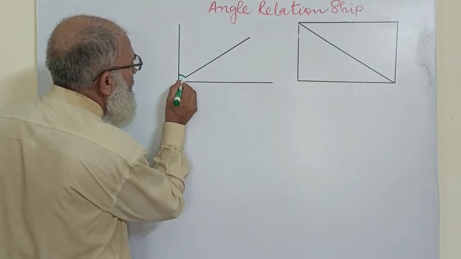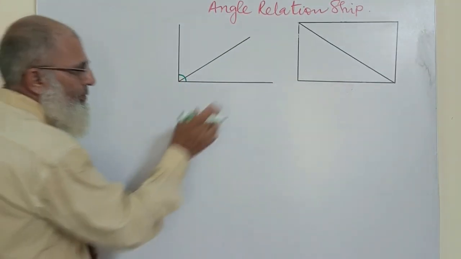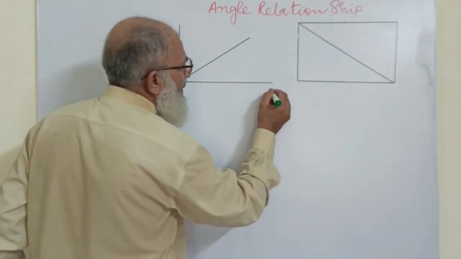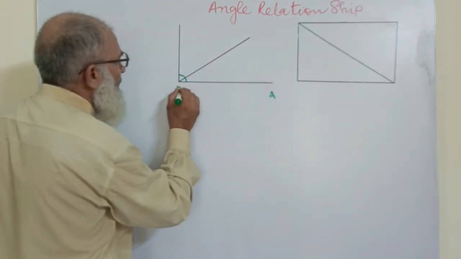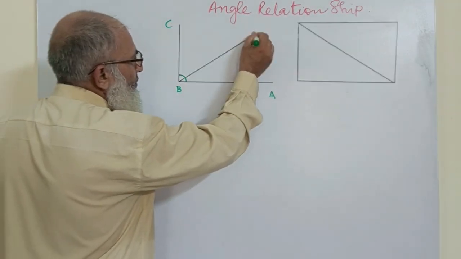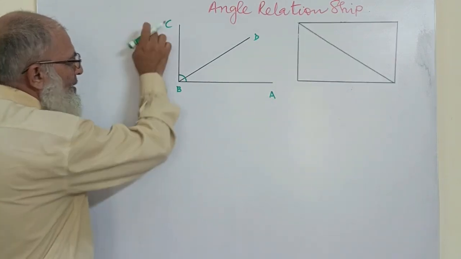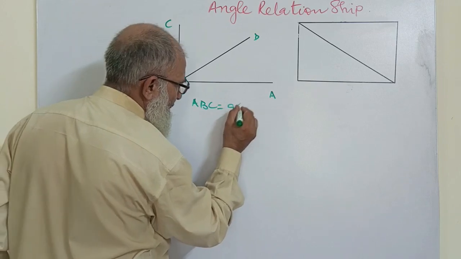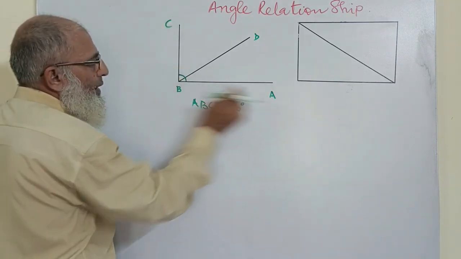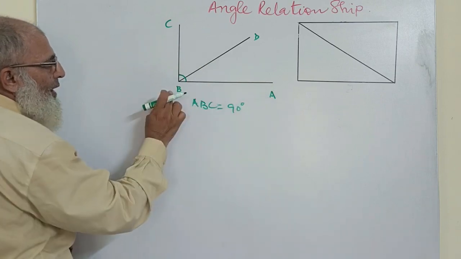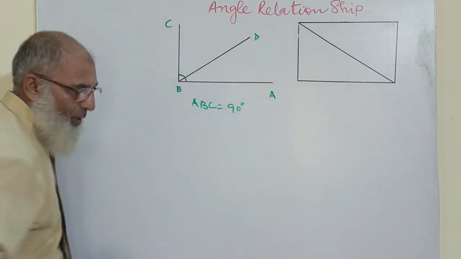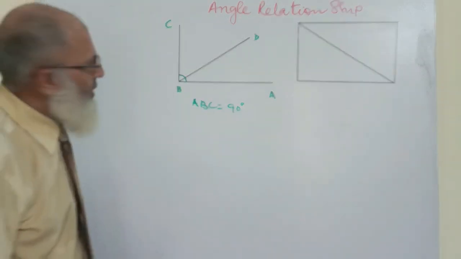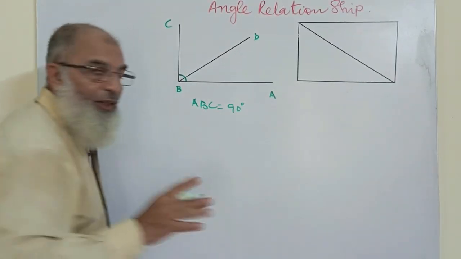You can also give names to it, just as A, B, C and D. Now angle ABC is equal to 90 degree.